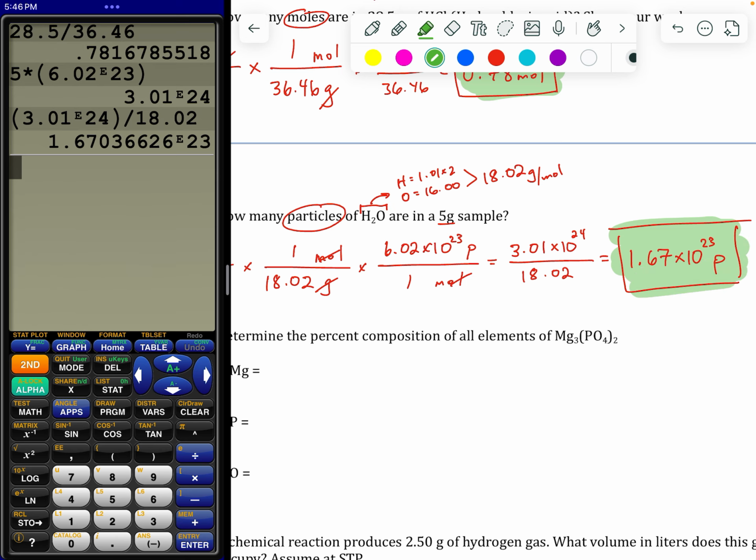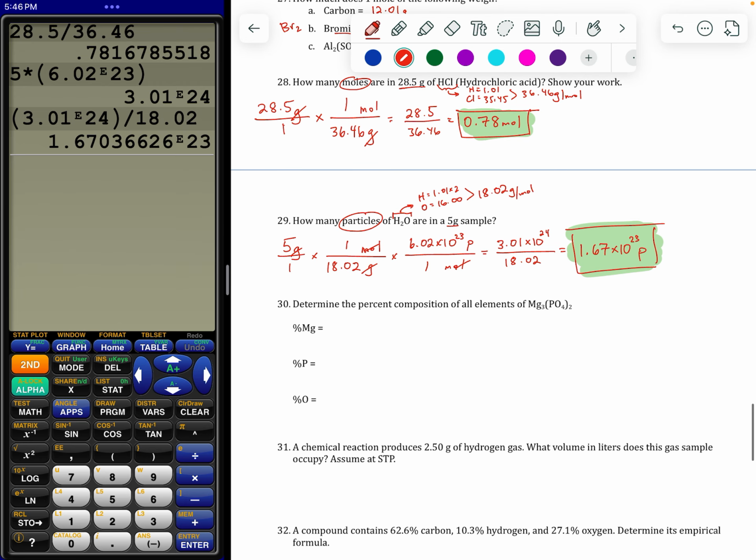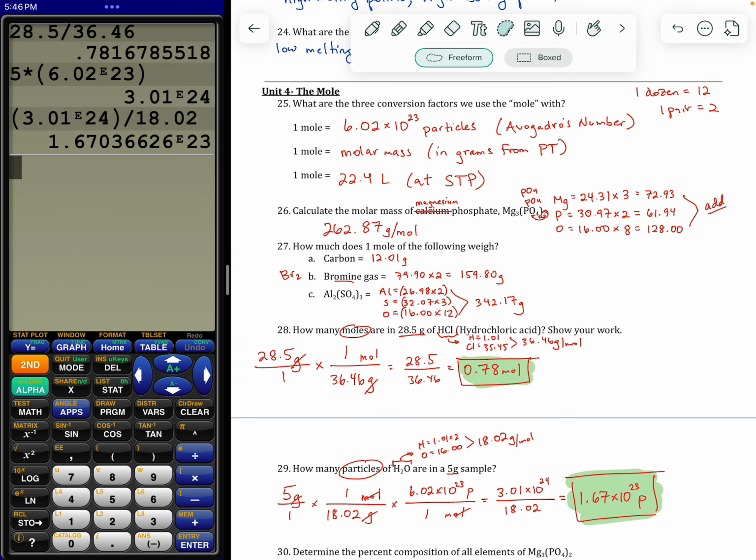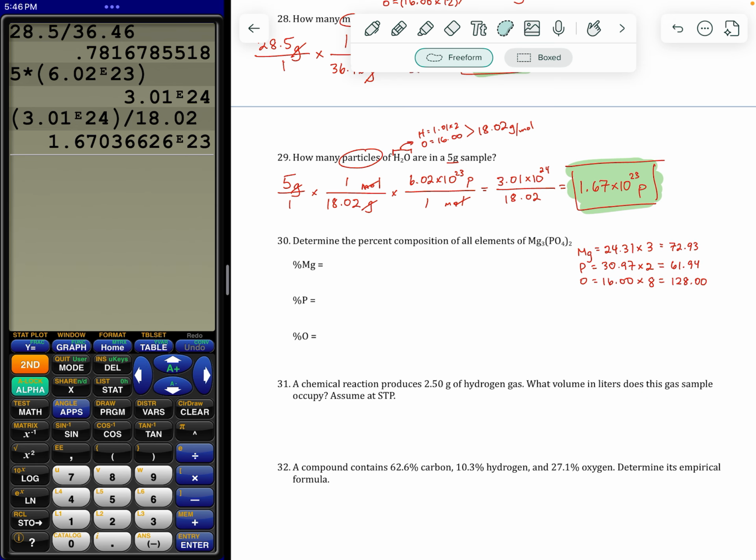All right. Next up, determine the percent composition of all elements in magnesium phosphate. Lucky for us, it's almost like this was planned. Lucky for us, up here, this was the work to figure out the total mass of magnesium phosphate, right?